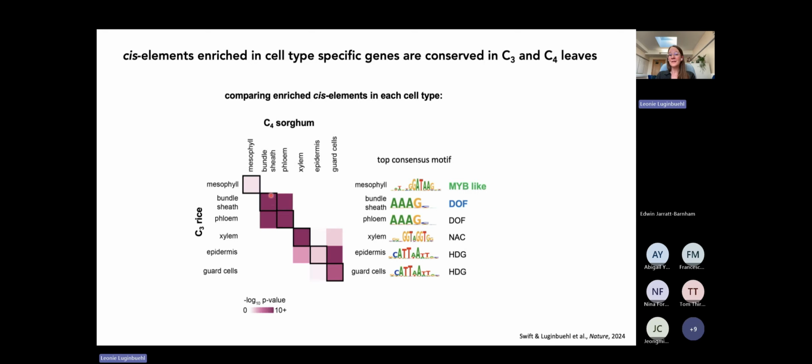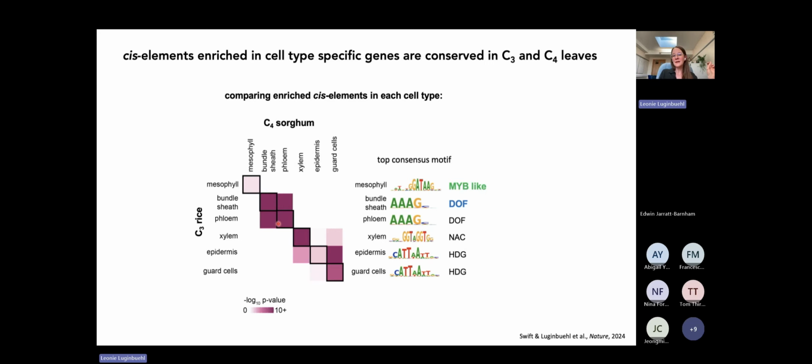We also see that in a bundle sheath, there is enrichment of AAAG, this particular sequence, which is bound by DOF transcription factors. And actually, it was really surprising to see that that's enriched in both sorghum, but also rice. So if we look back to the genes that are expressed in the bundle sheath, we found that it's very different sets of genes that are expressed in a bundle sheath in a C4 plant compared to a C3 plant.